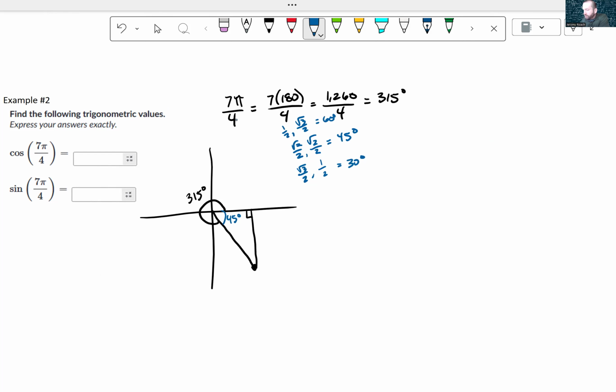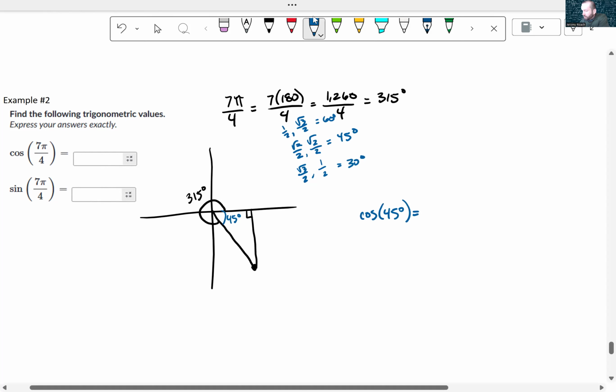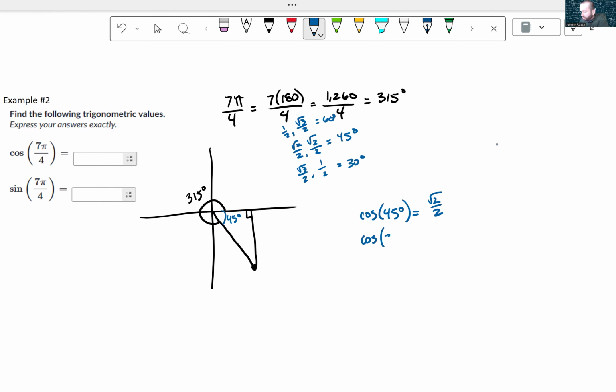And we want to know for 45 degrees, so we're going to find cosine of 45 degrees is root 2 over 2. Therefore, cosine of 7 pi over 4, or 315 degrees, the x is positive in quadrant 4, and so we still get root 2 over 2 for 315 degrees.